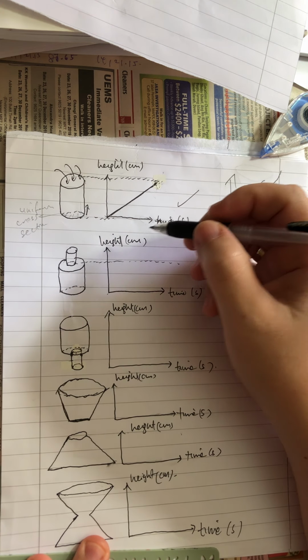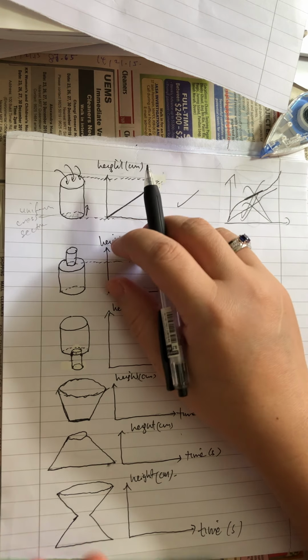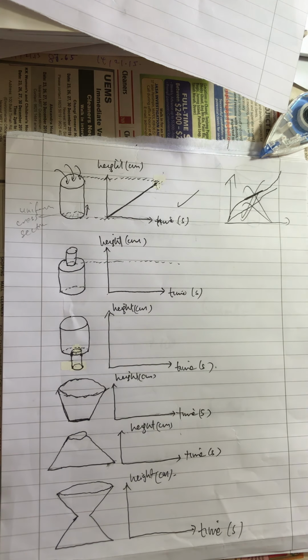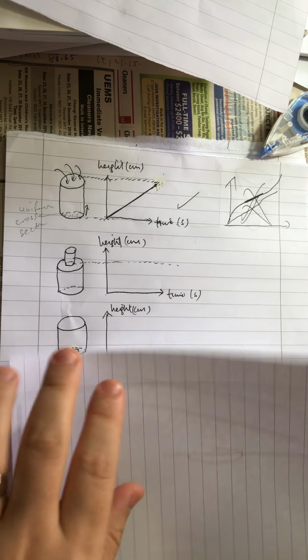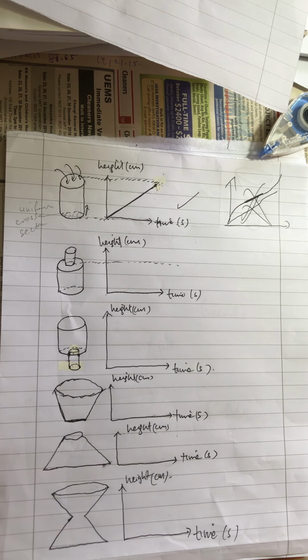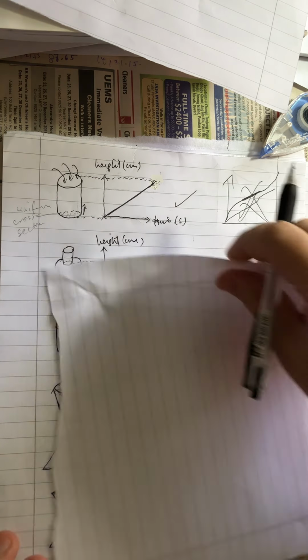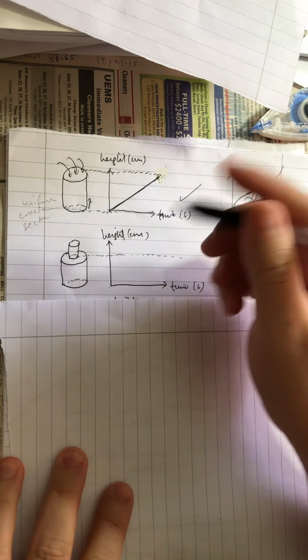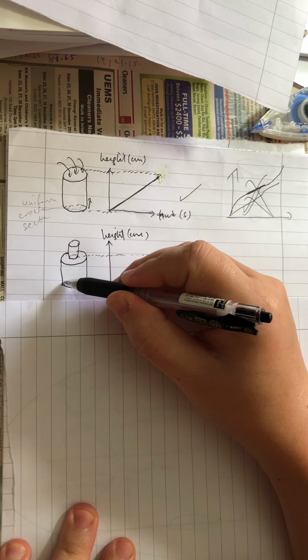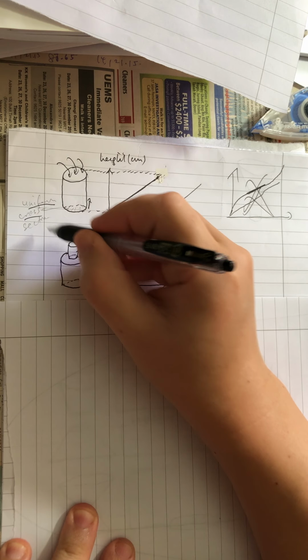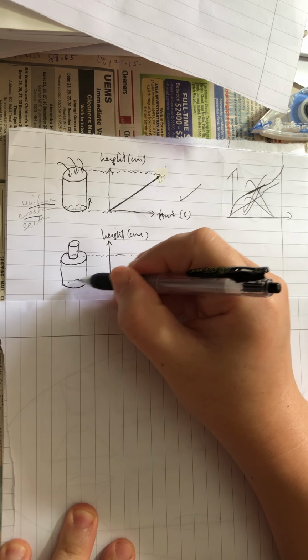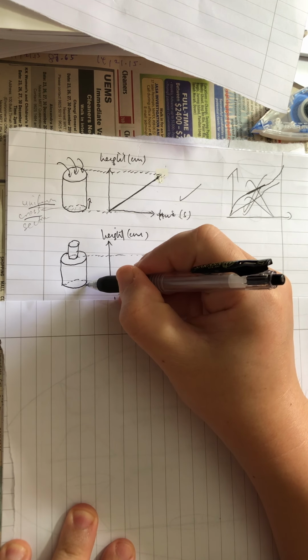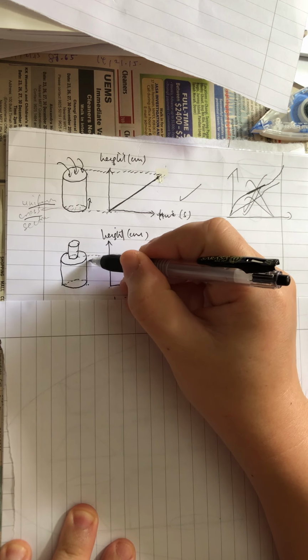Now let's take a look at this second one, which looks more complicated. Let me cover up the rest. Now think about it. Is this a uniform cross section? It is uniform from here, the base, all the way to here.